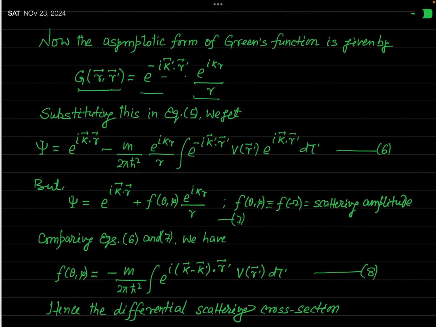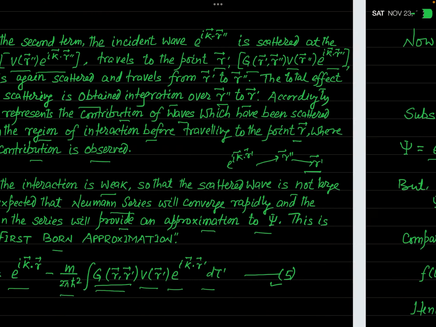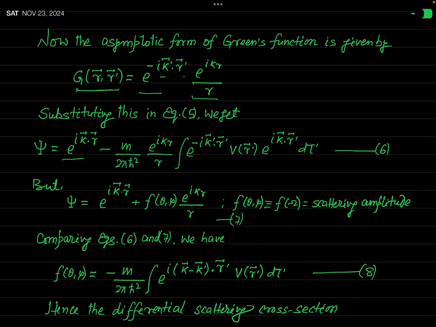In this condition, we get the value of the wave function psi when we have considered the asymptotic form of Green's function. So what will psi be now? Psi will be e to the power i k dot r. This term will remain as it is. Now instead of G of r comma r dashed, we will use this expression.